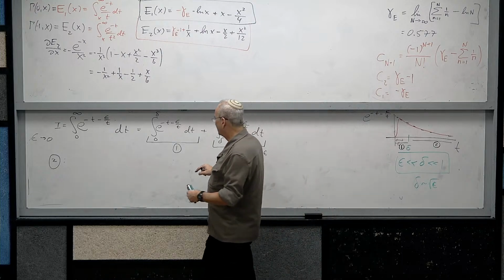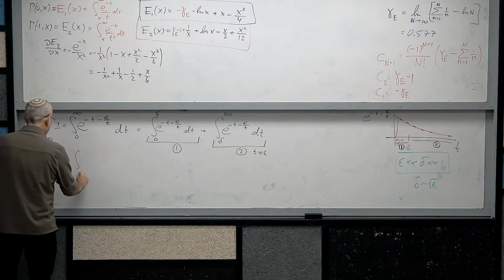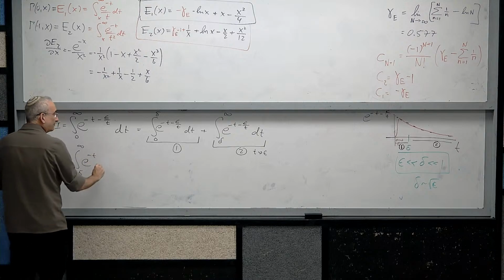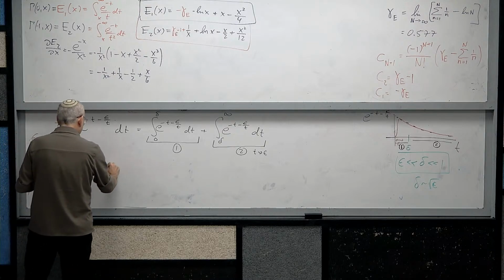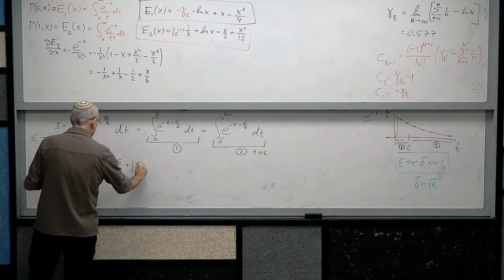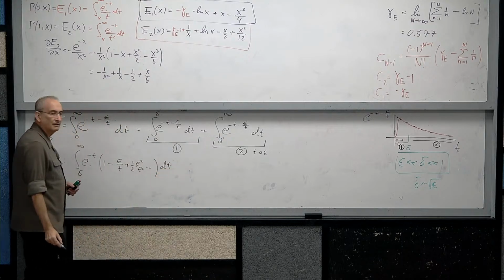Okay? So we can write integral number 2 as an integral from delta to infinity of e to the minus t times 1 minus epsilon over t plus 1/2 epsilon squared over t squared, and so on. You see?